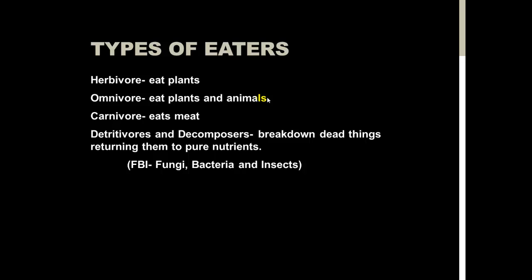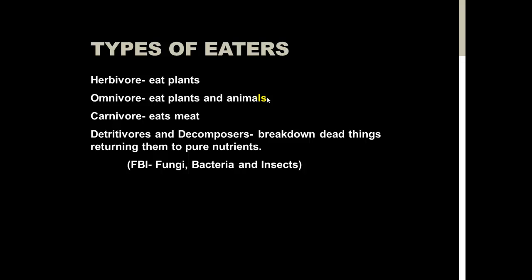Great. All right. Then we have detritivores and decomposers. Now, the only difference between a detritivore and a decomposer is a detritivore has a mouth. It actually eats things and breaks it down. They do the same thing, but decomposers actually absorb small pieces of dead items through their skin and then excrete the pure nutrient. So the way that I remember what goes in that category is the FBI: fungi, bacteria, and insects.